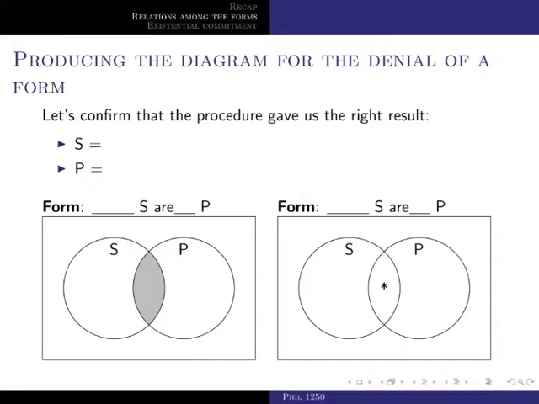Which form is represented by the diagram to the left? Yes, it is "no S are P," "no dogs are fierce." And to the right, we have form I, right? Which is "some dogs are fierce." And so we see that we have form E and form I, which are contradictory. So the procedure was correct.